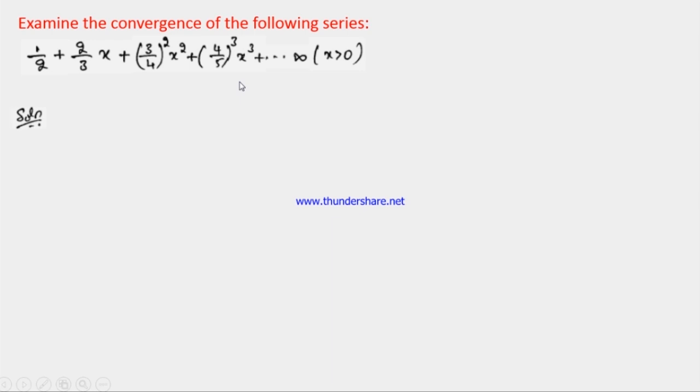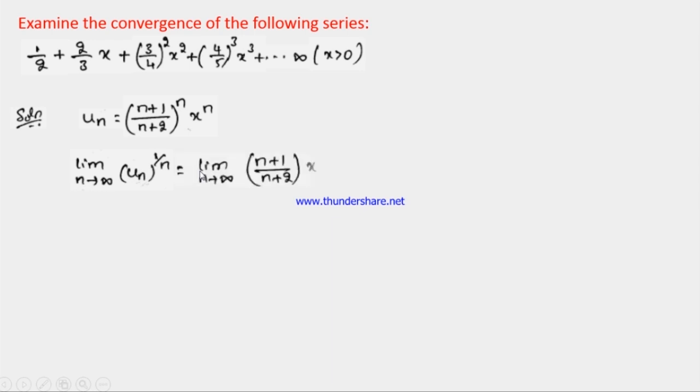The nth term is not given again, and you know how to write the nth term, and this is the nth term for this problem. Once again, it is in the form of function of n power n. So employ limit n tends to infinity u_n power 1 by n. That gives (n plus 1) divided by (n plus 2) into x.